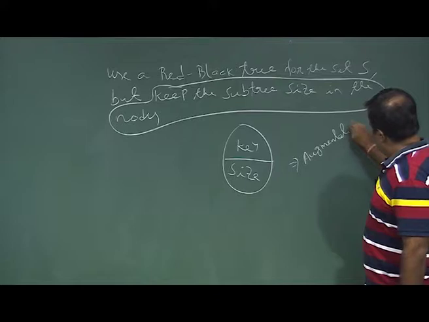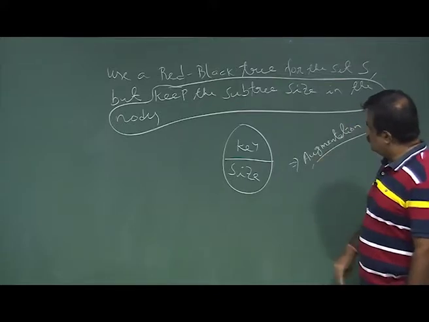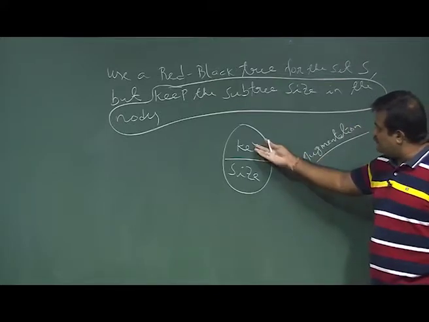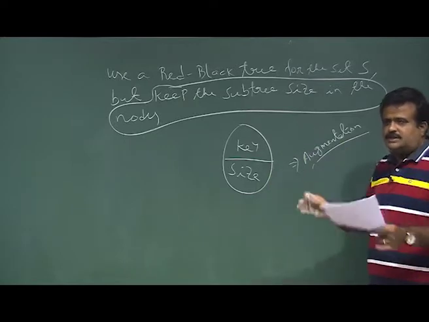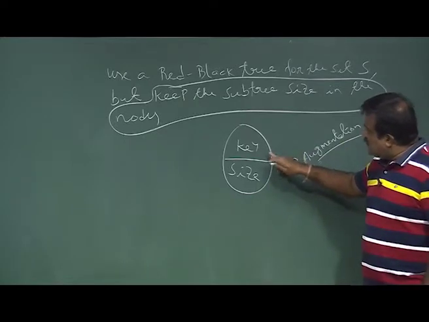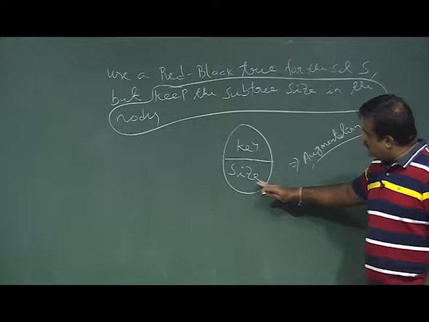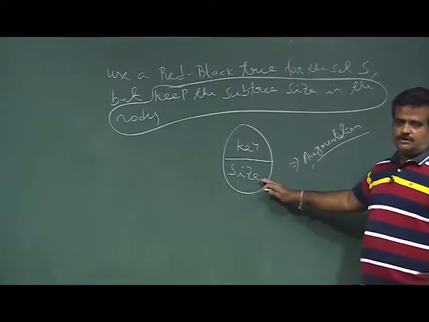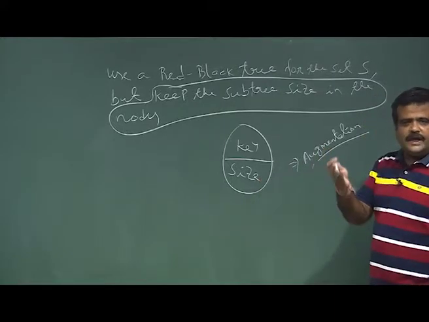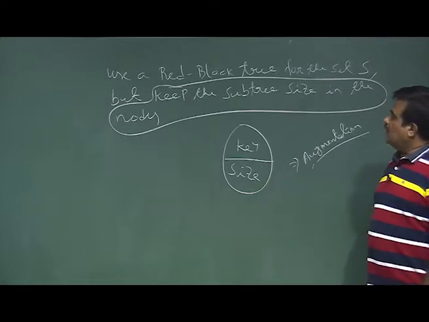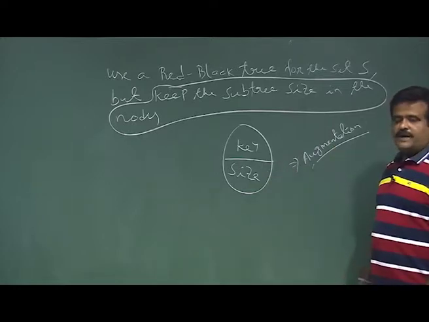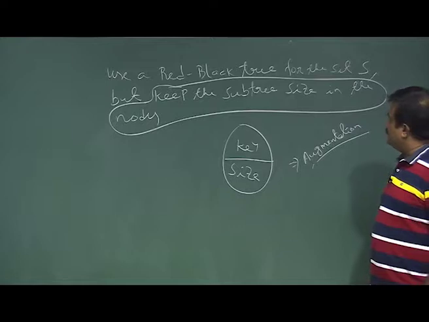In our red black tree we have the key, and based on this key we perform operations, and with the key in each node we are also keeping this information, which will help us for our dynamic order statistics problem.